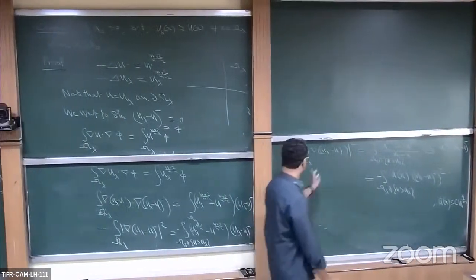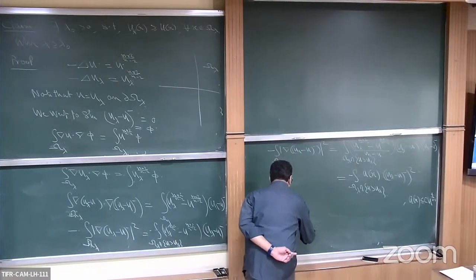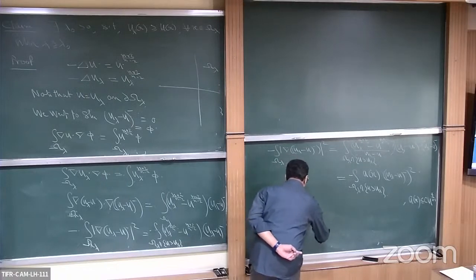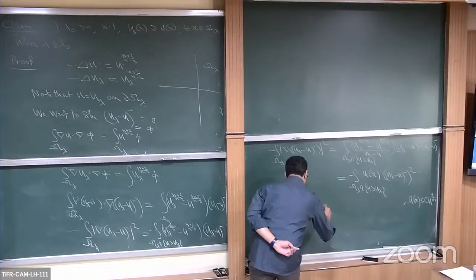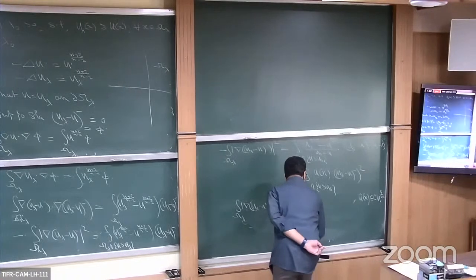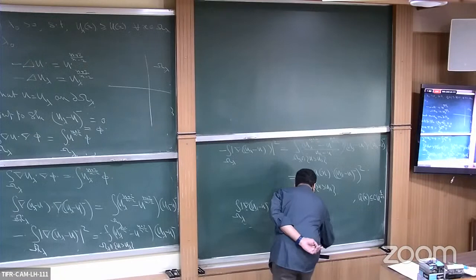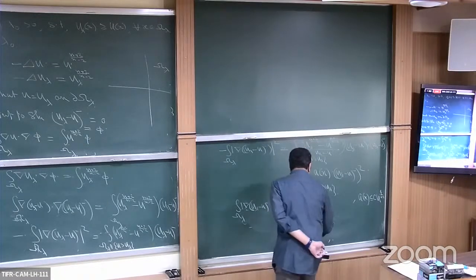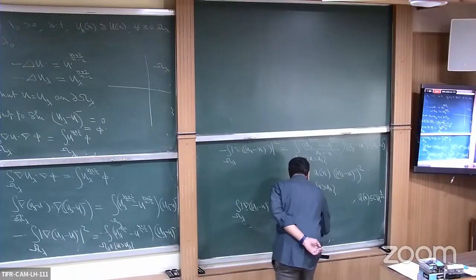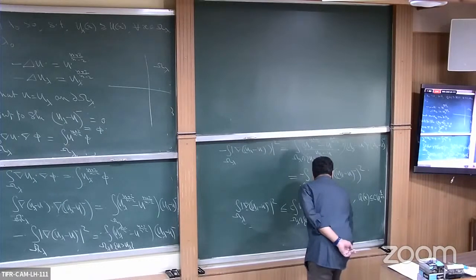So when you put this information together, finally what you will get is that the integral over omega lambda of the modulus of the gradient of u lambda minus u minus is less than or equal to the integral over omega lambda intersection lambda, with some constant times u to the power 4 by n minus 2 times u lambda minus u.